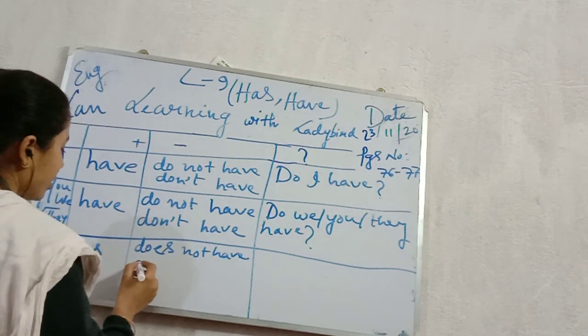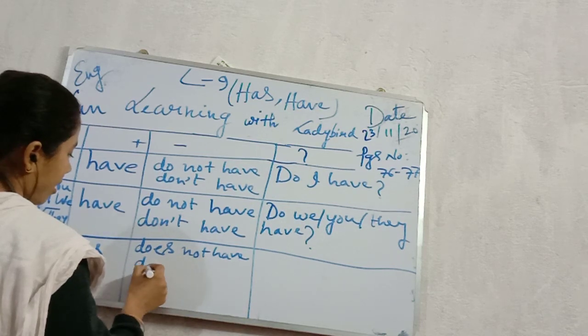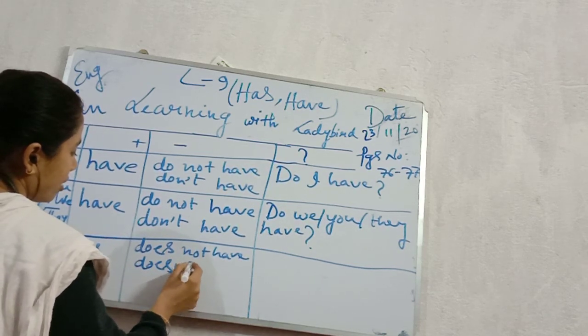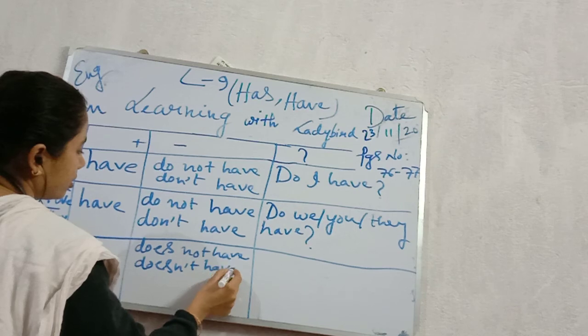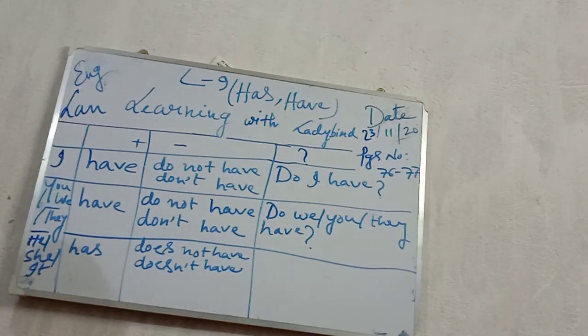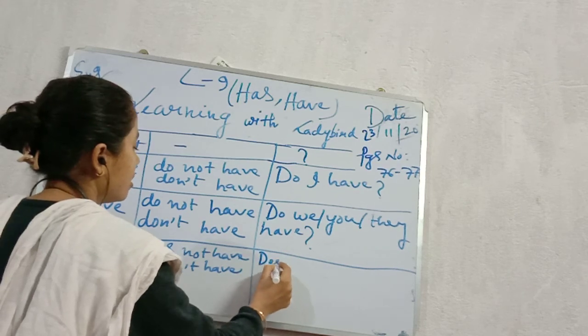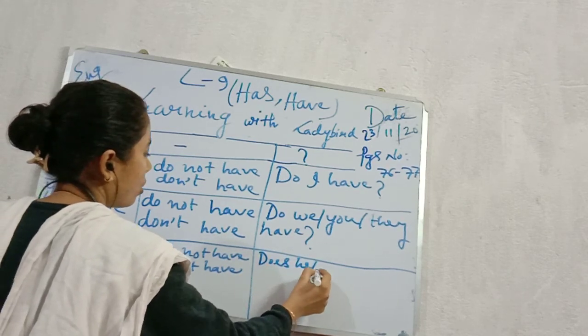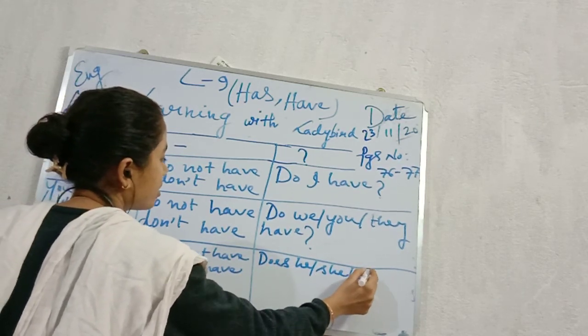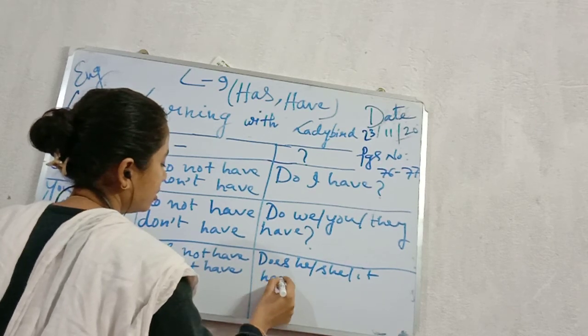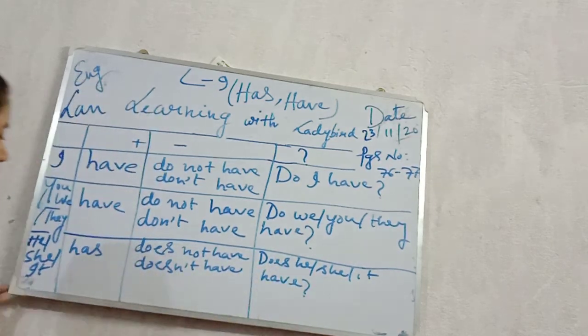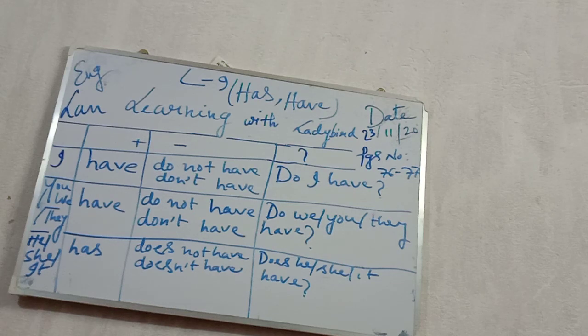And for showing contraction, doesn't have. And for making questions, does he or she or it have? This is the structure for making questions while using has and have with such specific pronouns.